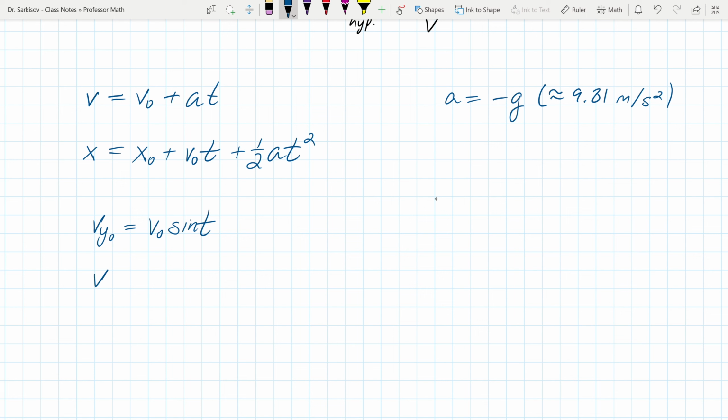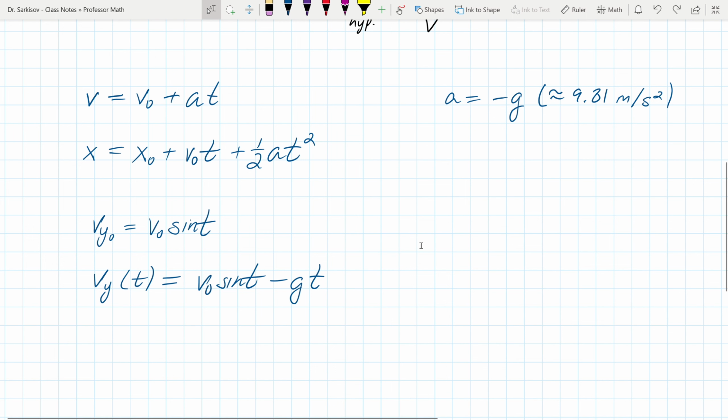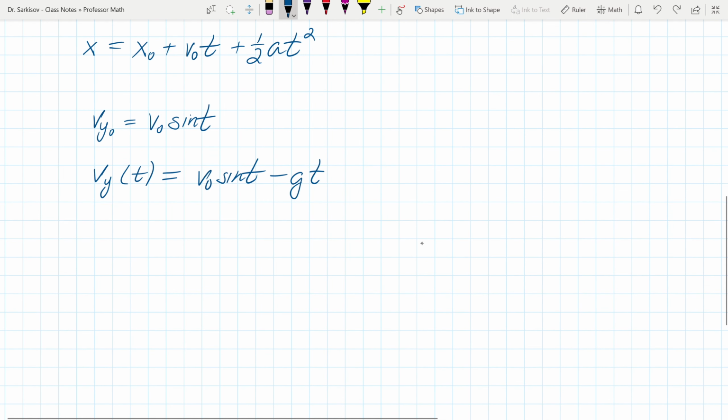So Vy of t, let's put a t there so it's not confusing with Vy above, would be V naught sine theta minus g t, because a is a negative g. And then Vx of t, well, that's constant. There's no acceleration horizontally, unless we add friction or whatnot, which we assume there's not. So it's just V naught cosine theta, and that's it.